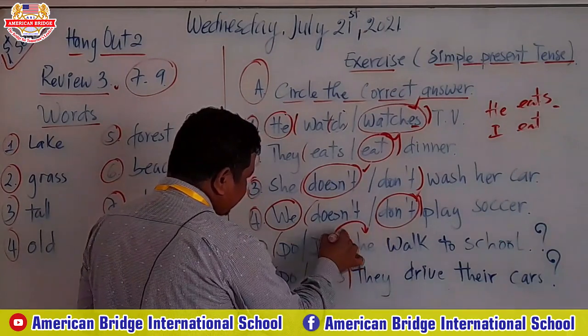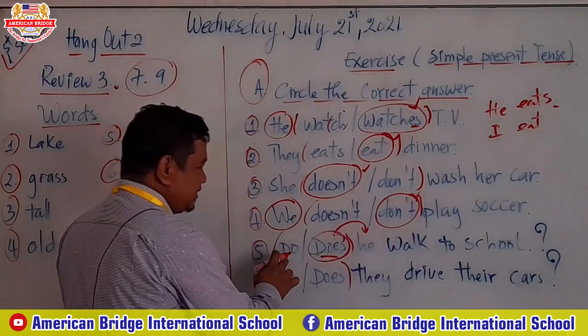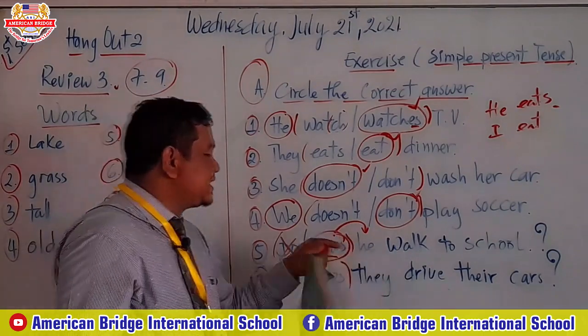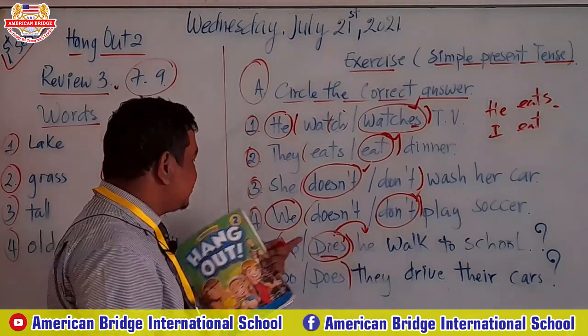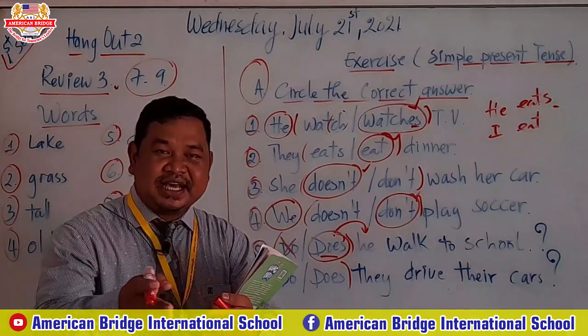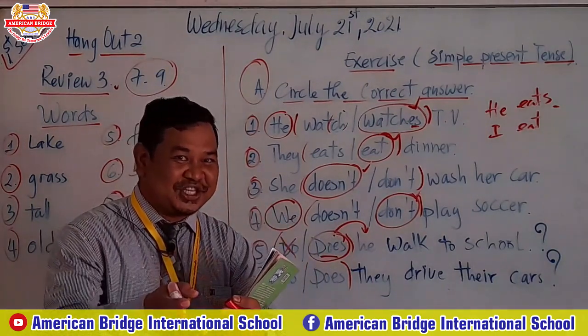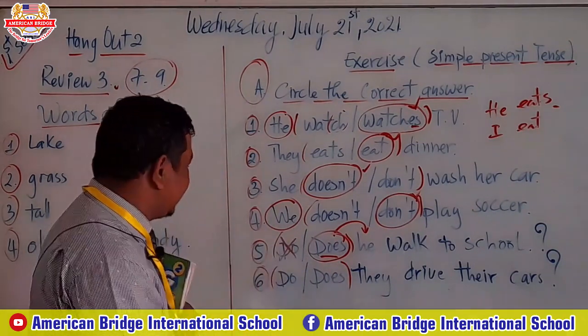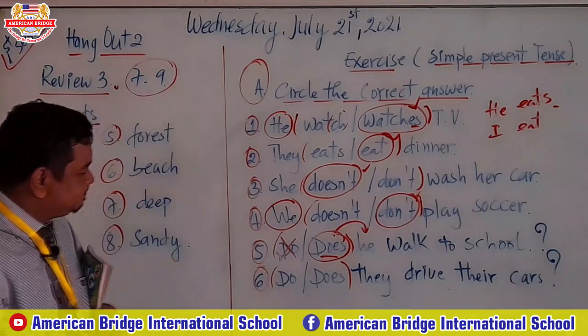Does he walk to school? You have to circle this one. This one is incorrect, because he is third person singular, so you use does. Does he walk to school? Yes, he does. No, he doesn't, right? Example: yes, he does. No, he doesn't.